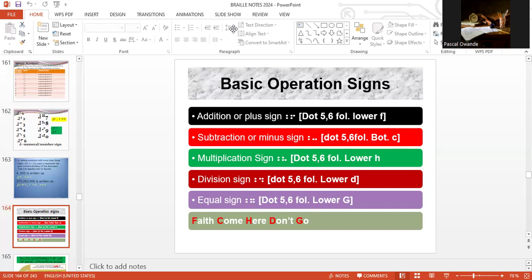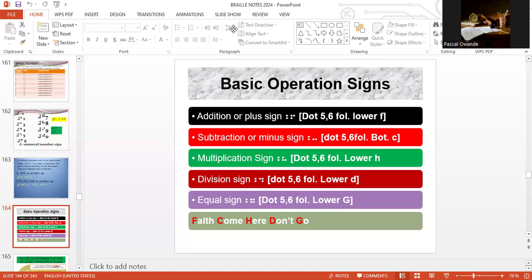Let's look at the first one, addition or plus. For us to be able to write a basic operation sign, we must precede all basic operation signs with dots 56, something that we also call a letter sign.